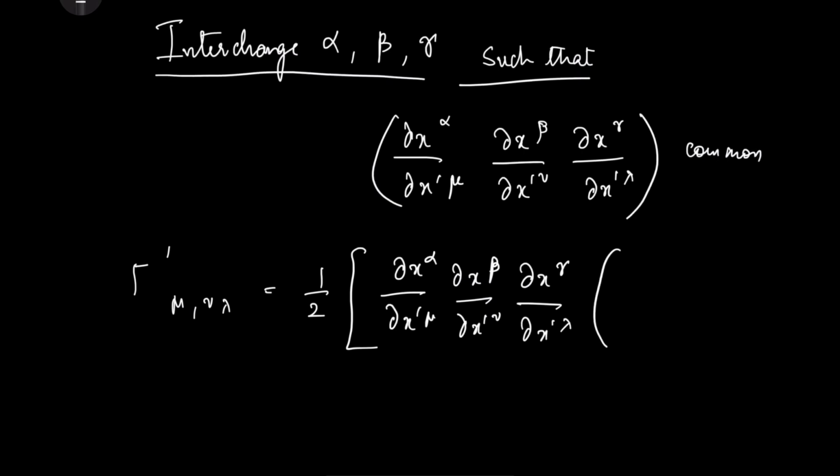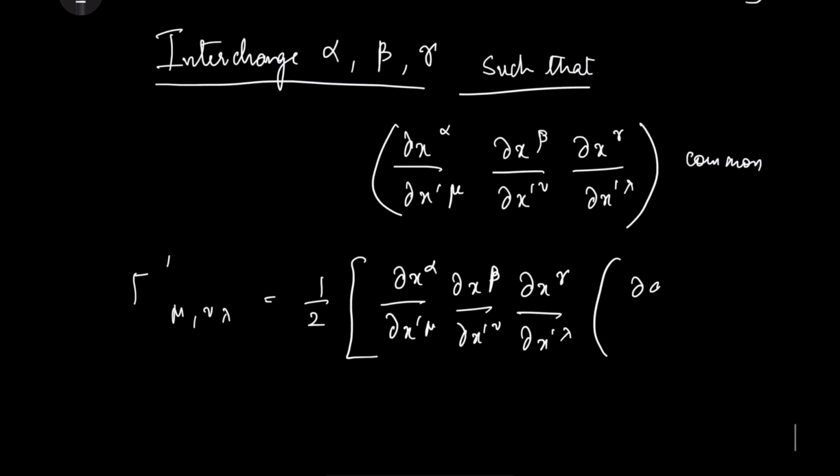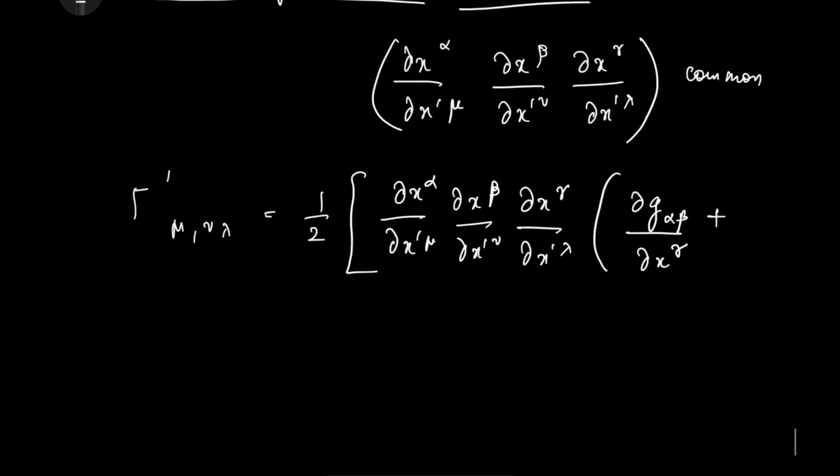Now inside the bracket I will have partial derivative of g alpha beta with respect to x gamma plus partial derivative of g gamma alpha with respect to x beta plus partial derivative of g beta gamma with respect to x alpha.